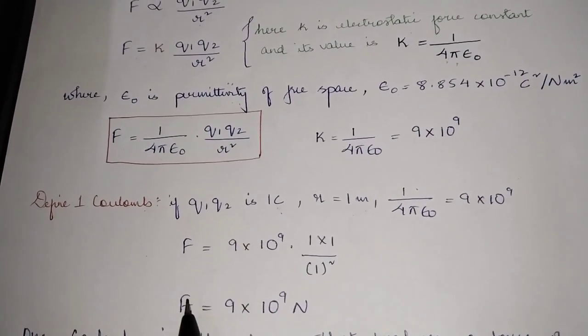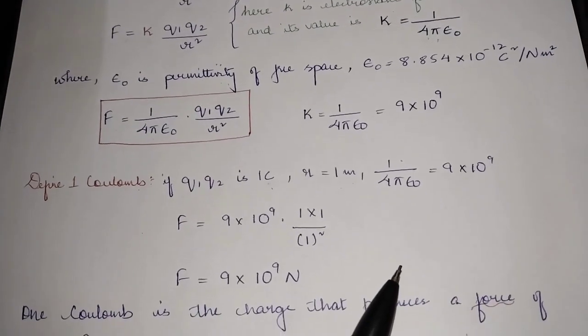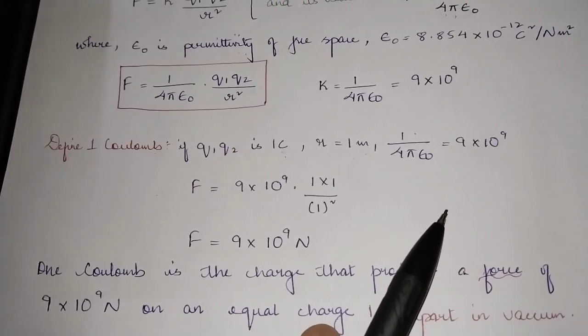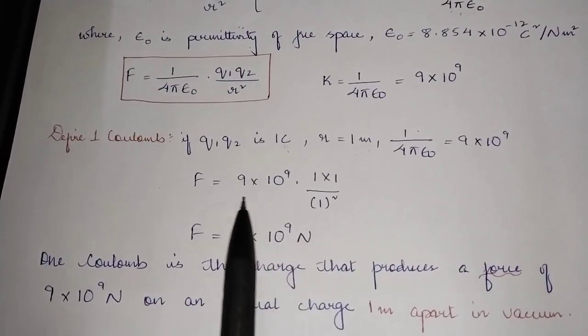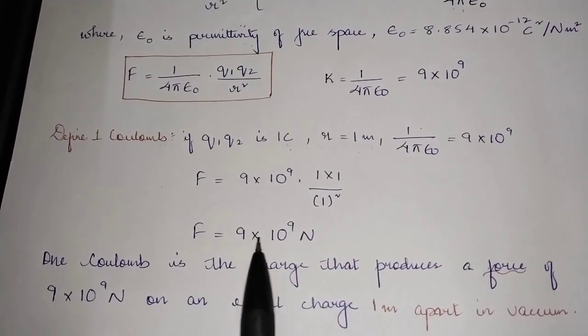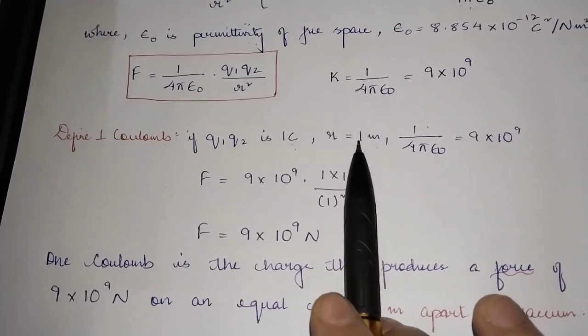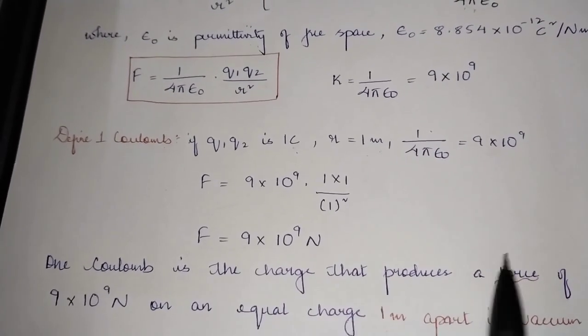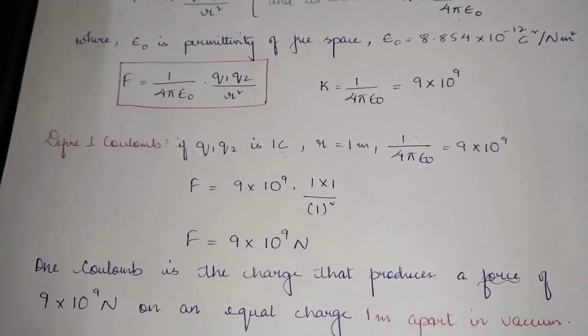So when you solve this out, you get a force value to be 9 into 10 to the power 9 Newton, which is exactly the definition of 1 Coulomb. So 1 Coulomb is a charge that produces a force of 9 into 10 to the power 9 Newton on an equal charge 1 meter apart in vacuum. That is how we can define 1 Coulomb.